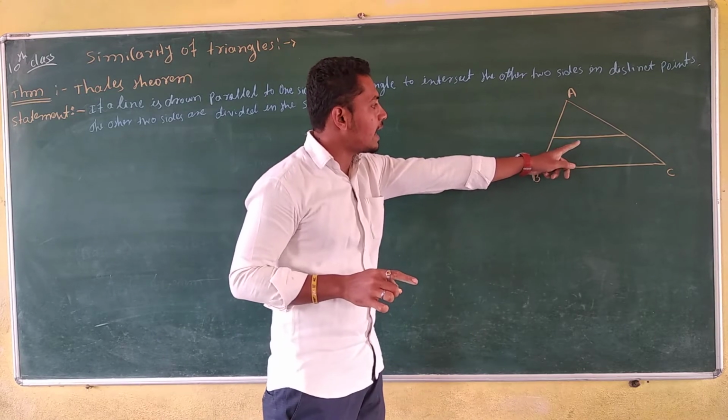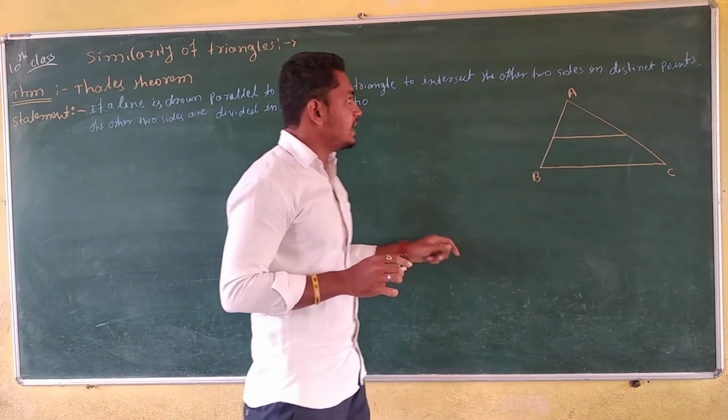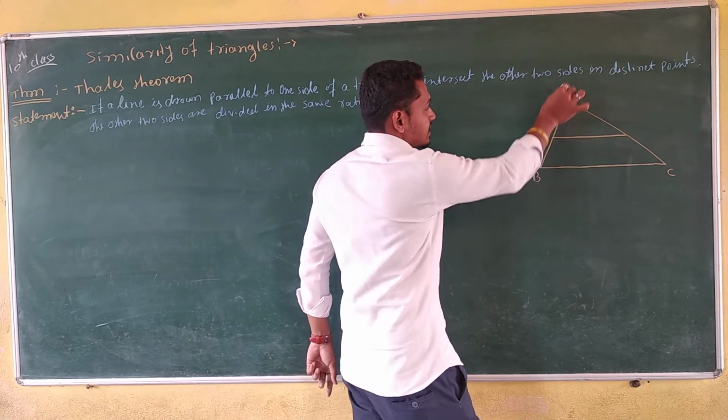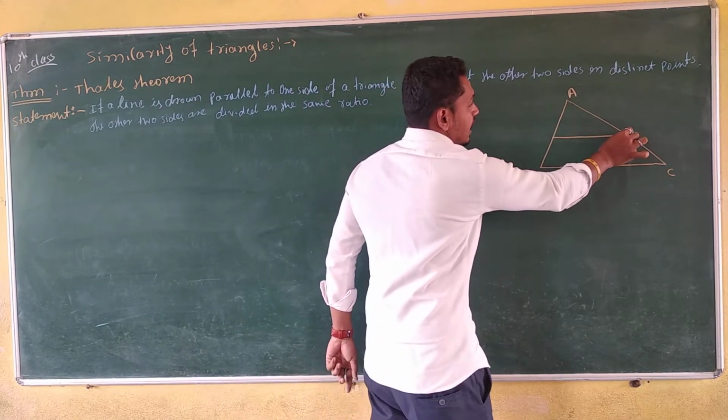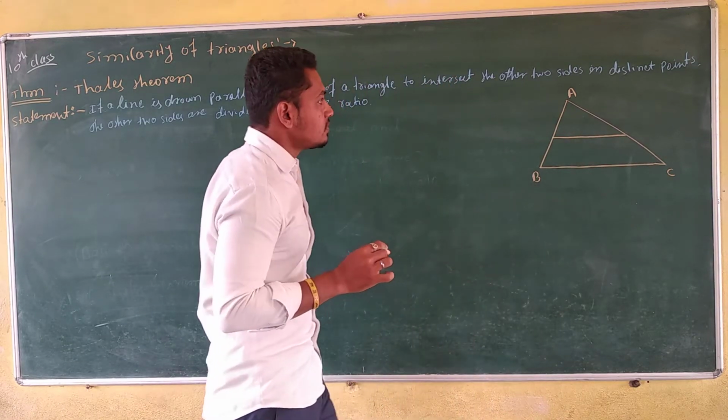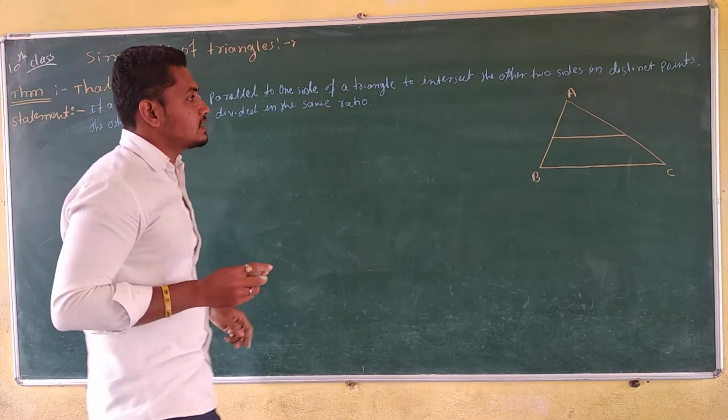Now I draw one line parallel to BC and intersect the other two sides. This line intersects AB and this line intersects AC. Is it right? So two sides in distinct points.